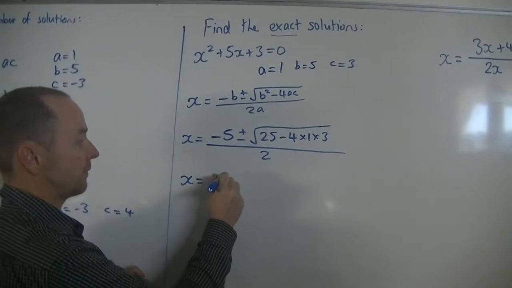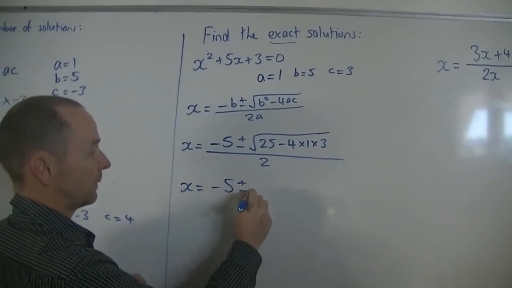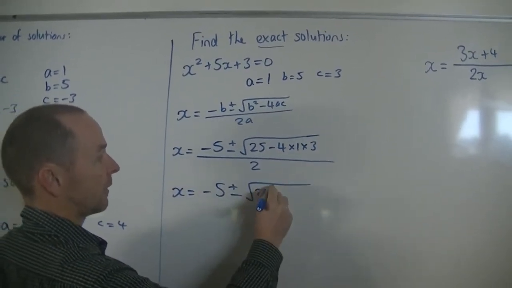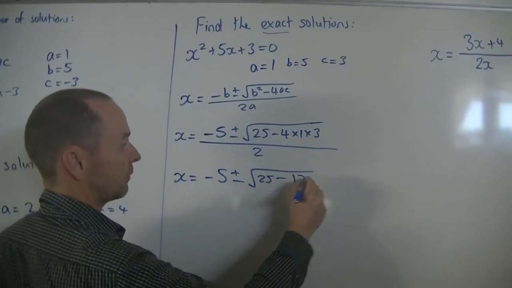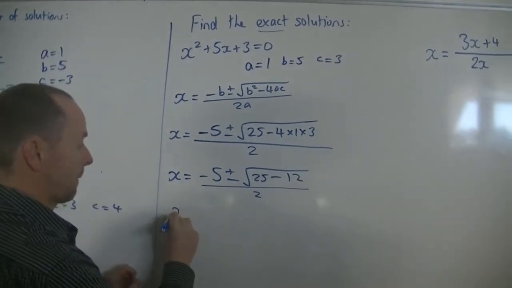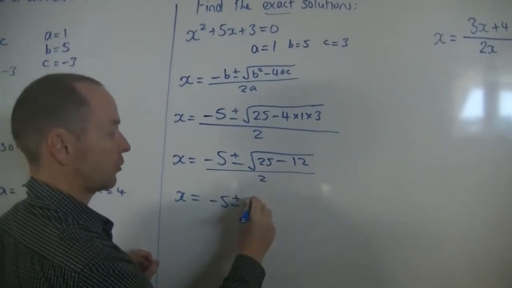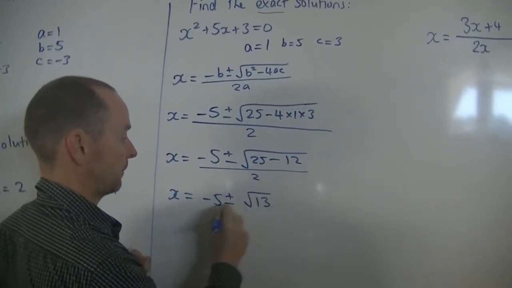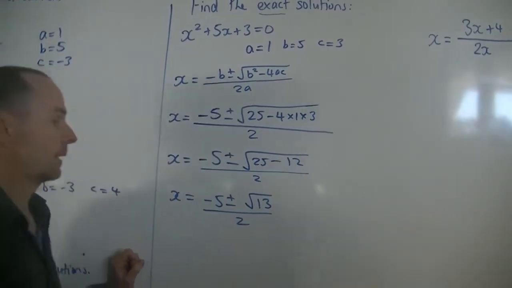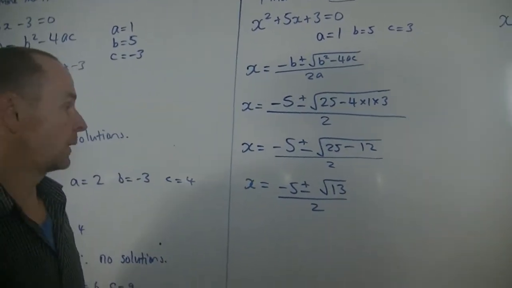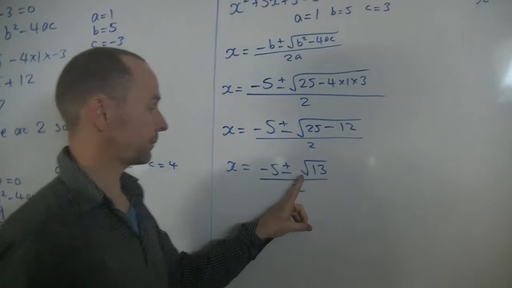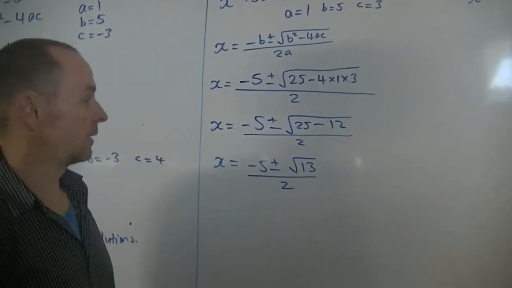So now I'd like to simplify this under the square root bit. So 25 minus 4 times 3 is 12. That's all I did for that step. Minus 5 plus or minus the square root of 25 minus 12, which is 13, over 2. And there's our answer. We can leave it like that because that's in exact form, root 13.